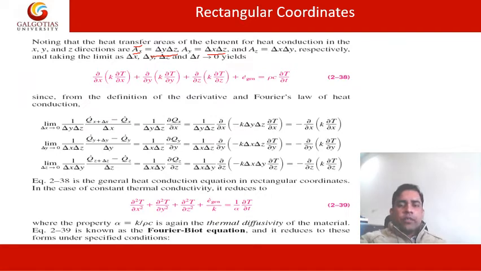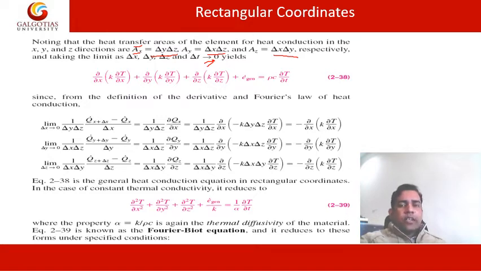Similarly, A z represents the area through which the z-axis cuts, or you can say the area through which the z-axis makes a 90-degree angle. Okay, so A z equals delta x into delta y. So by putting all these values and taking the limits as delta x, delta y, delta z and delta t tending to 0, we will get this kind of equation.